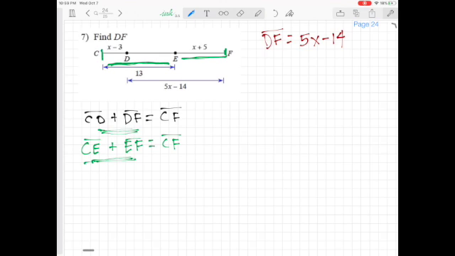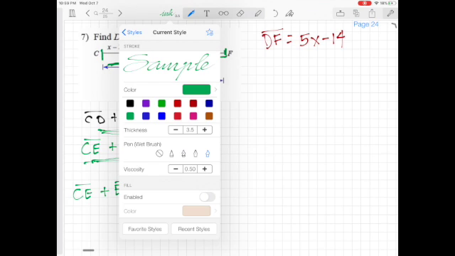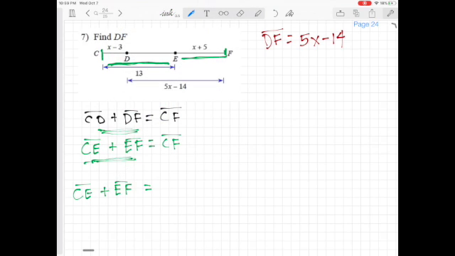So if I've got two things that equal CF, then that also means they equal each other. So I'm going to write that down. I have CE plus EF equals CD plus DF.